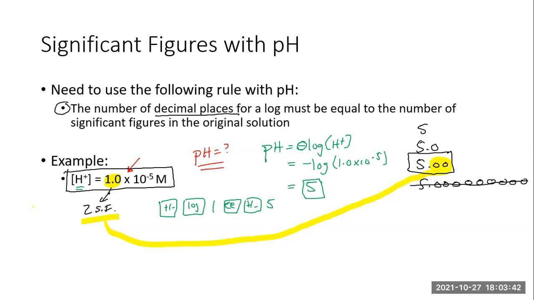So here we're looking at going from sig figs to decimal places, and vice versa, if we're going the other way, decimal places back to sig figs. Question on that? So obviously this would not be the correct way to do it, nor would this way. Again, significant figures to decimal places.